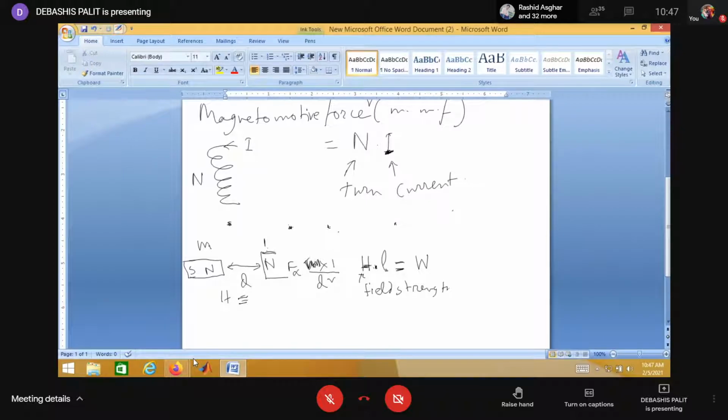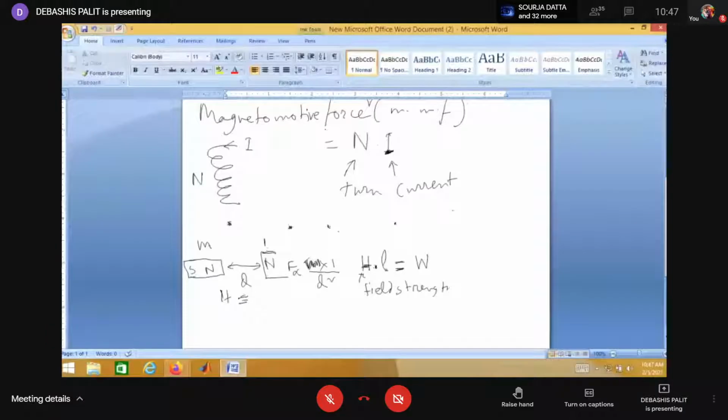So actually it is not force, it is magnetic potential. Magnetomotive force it is said, but actually it is magnetic potential. Like electric potential drives the current in a circuit, magnetic potential drives the flux in a magnetic circuit. So if you define this magnetomotive force, it is nothing but the magnetic potential.